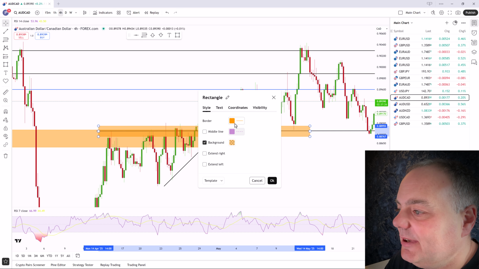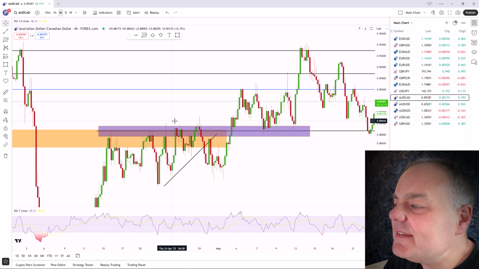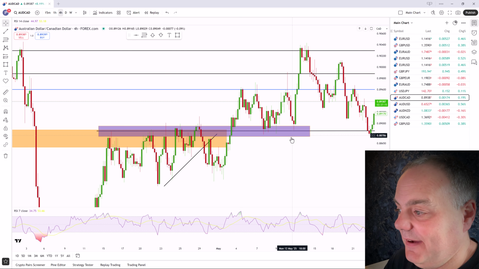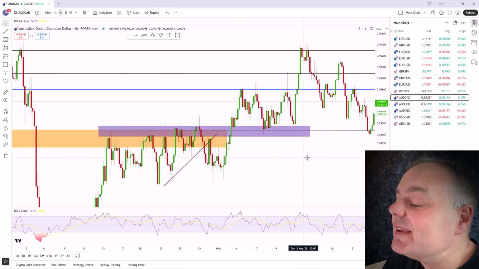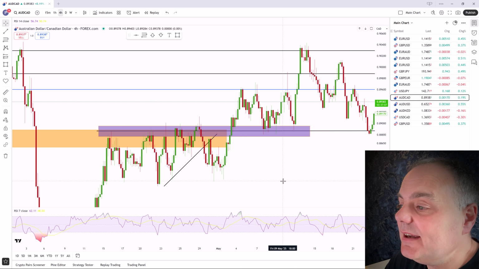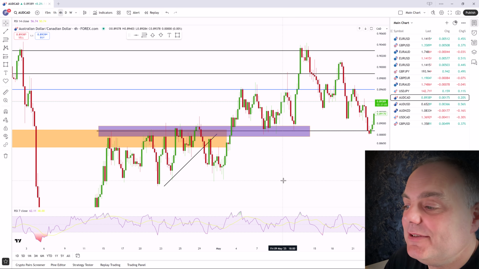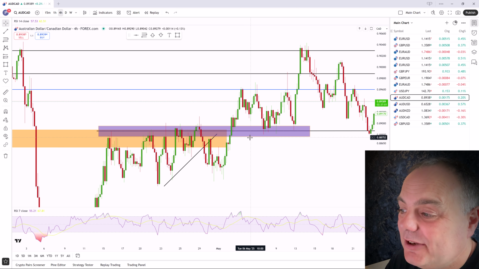Let's do it in a different color. This is a zone where we're going to expect to find support and resistance. So the answer as to how you cope with the real world of trading versus the messiness of having a zone rather than an actual point at which we're going to see this resistance.